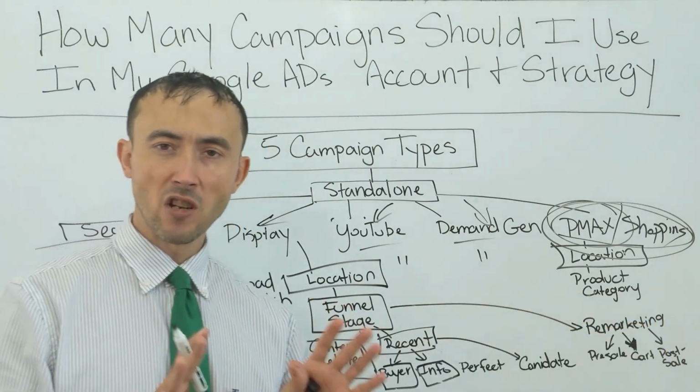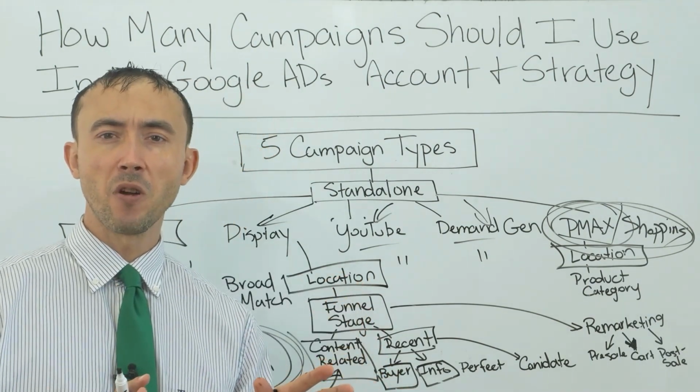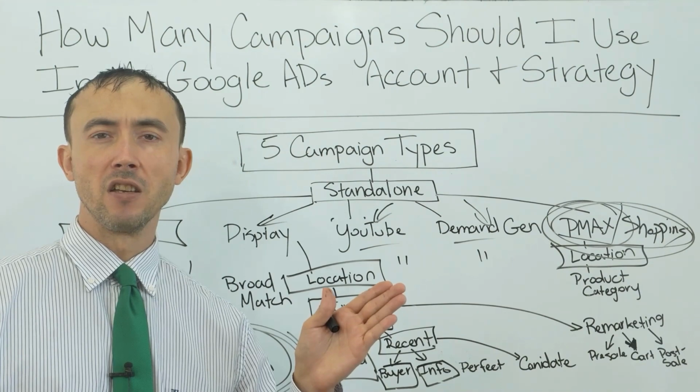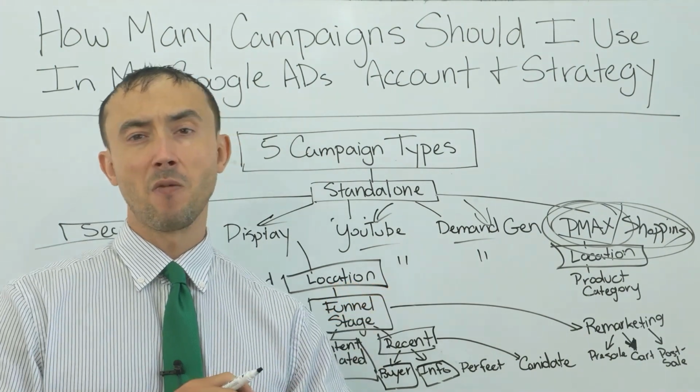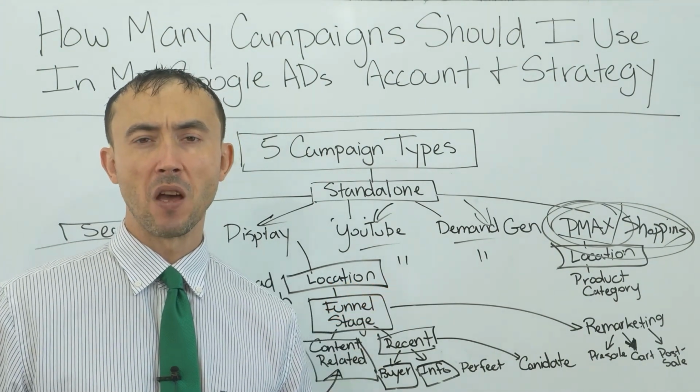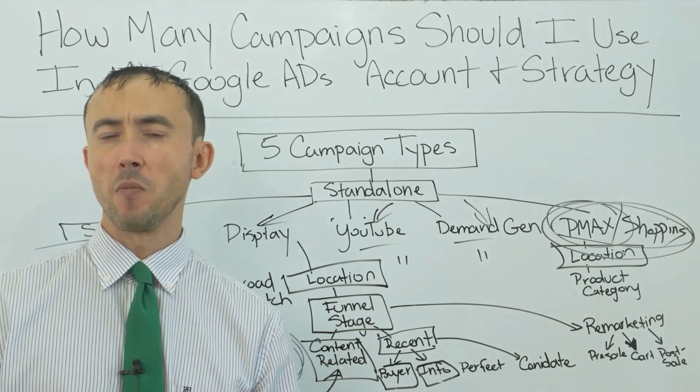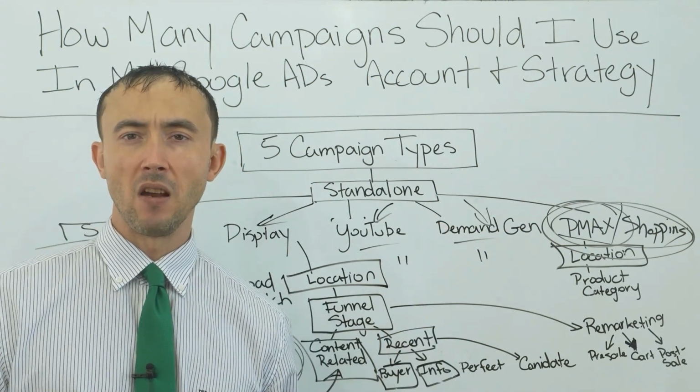Just to give you, I mentioned that if you watch to the end of the video, I'd have a case study for you. The biggest difference in results we're going to get by breaking things out at this level is going to be for local services, even though for every other business type, it's going to help you get more results. We had an HVAC company that does AC repair, heater repair, and so forth. The client had one campaign when we started out.